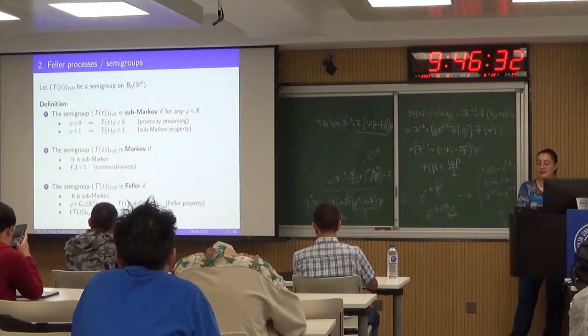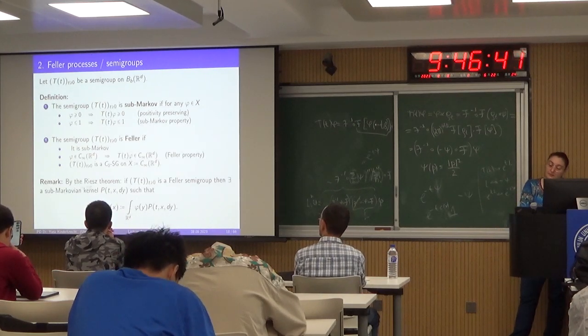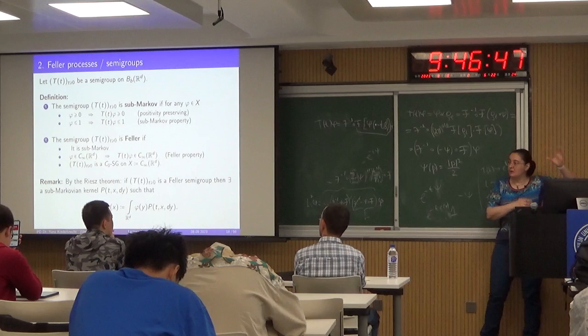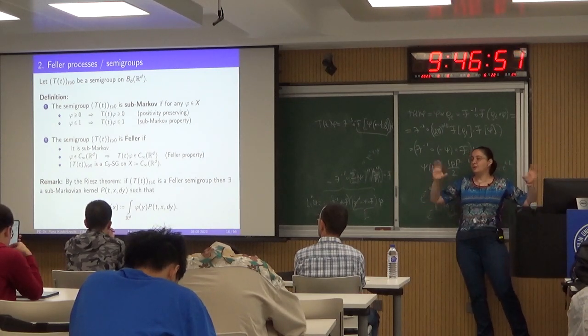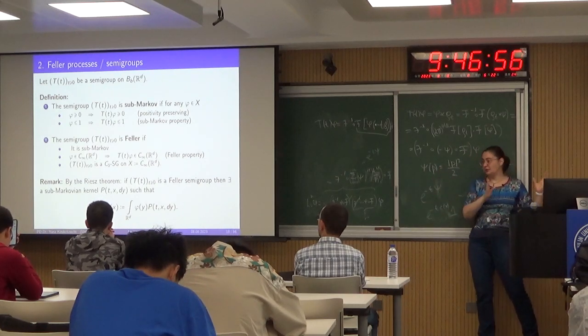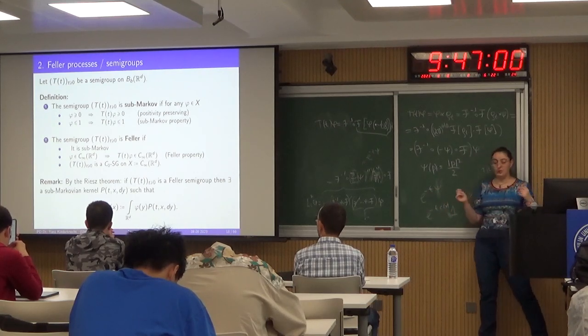But if we start here, so we consider a semigroup on this space, then it turns out that using the Riesz theorem, which says that the space dual to the space of continuous functions is the space of measures. And there are different forms of this theorem, which clarify which space of continuous functions and which space of measures should be taken to have this duality.